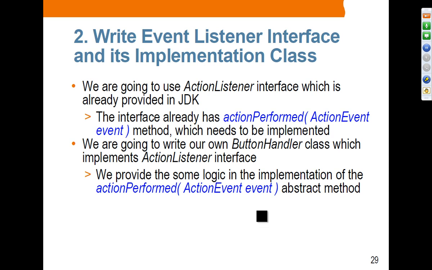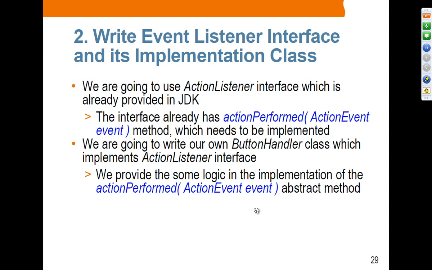You can think of an interface as a set of functions, and the implementation is the actual bean or class that provides the actual code for those methods. For now, you can think of the action listener interface as just a set of methods. It is already provided in the JDK, and it has what is called the actionPerformed method.